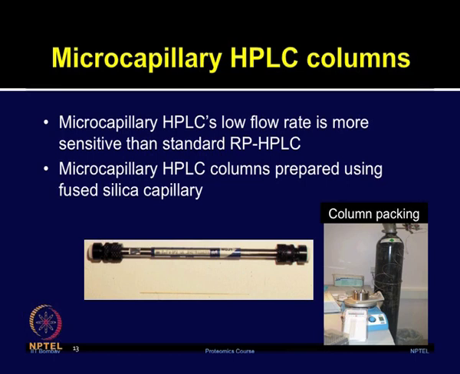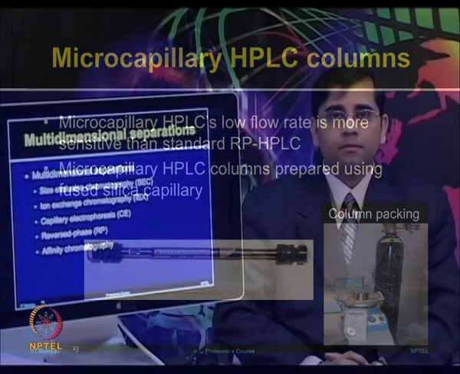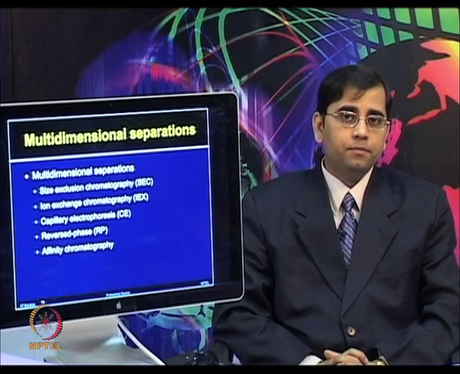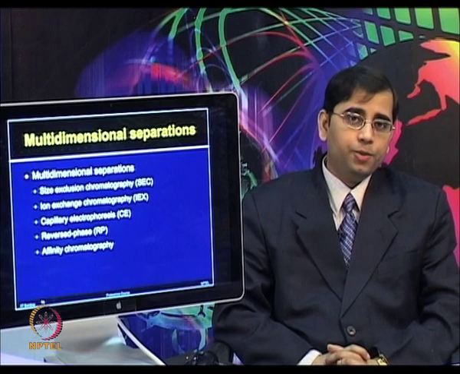Microcapillary HPLC is required for the analysis of low femtomole amounts of peptides. One can prepare microcapillary HPLCs by using fused silica capillaries and then packing them with the reverse phase packing material. For pre-fractionation, multi-dimensional separations are used.